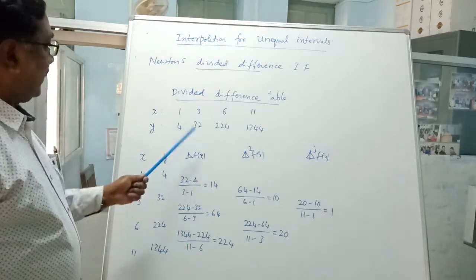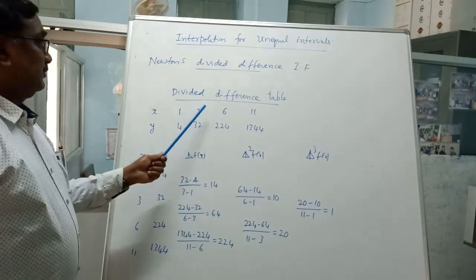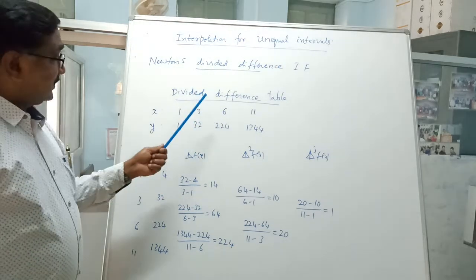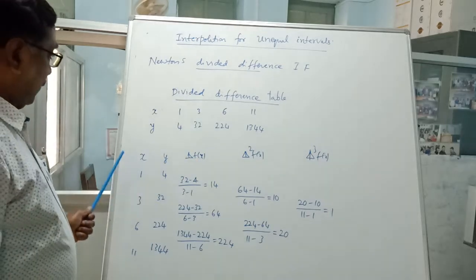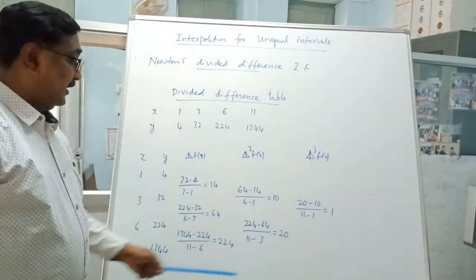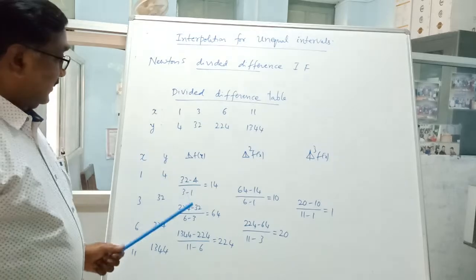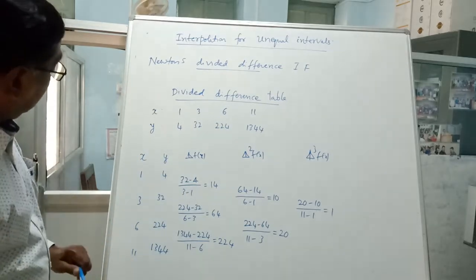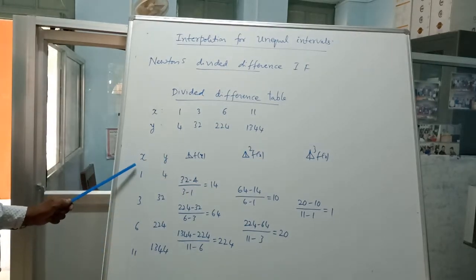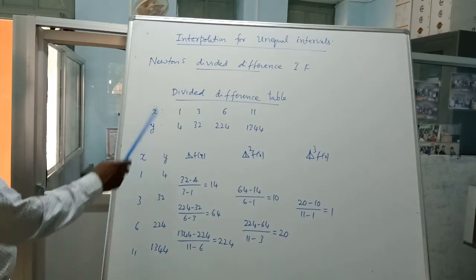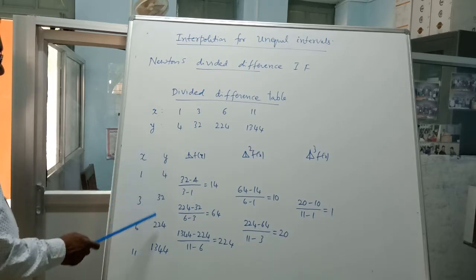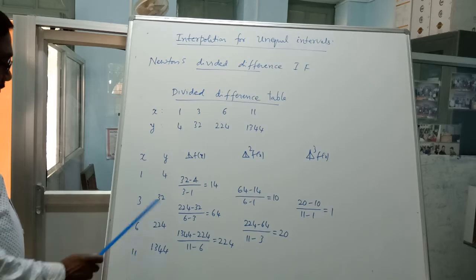So further, to find the interpolation, we have to apply Newton's divided difference interpolation formula. For that, we have to learn how to construct the divided difference table first. This is the method of construction. Write the values of x: 1, 3, 6, 11 and the values of y: 4, 32, 224 and 1344.